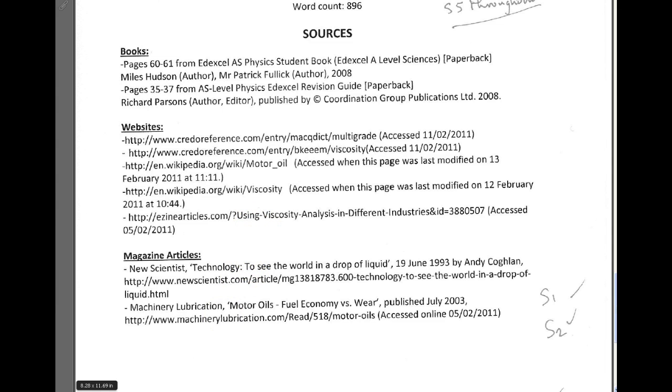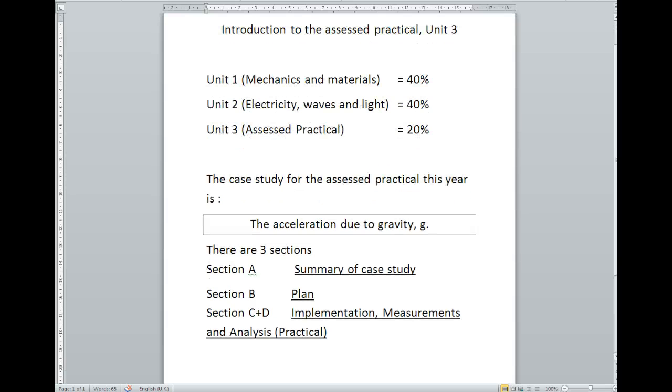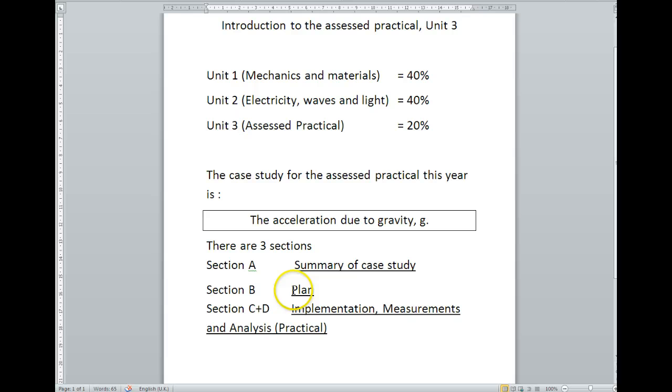Okay, so the key thing is to be well prepared. Start off by getting your plan organised first, because you now know what your title of the project is. You're going to be determining a value for the acceleration due to gravity using conservation of energy.